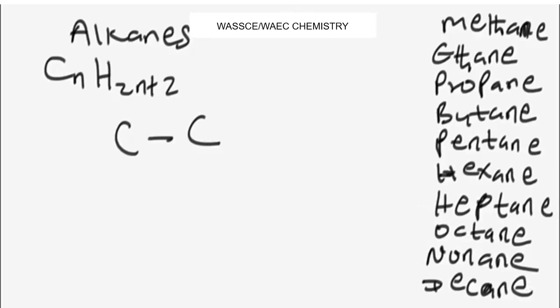Now note that the first four alkanes are methane, ethane, propane, and butane. Very important.